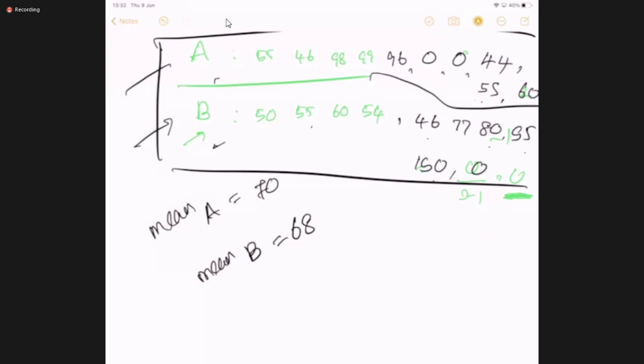In the examination, I am not going to ask you to find the mean, variance, or standard deviation for these data sets. Sometimes I may give this kind of data sets and then ask, find the best player using this data. So you should know how to find the best player.